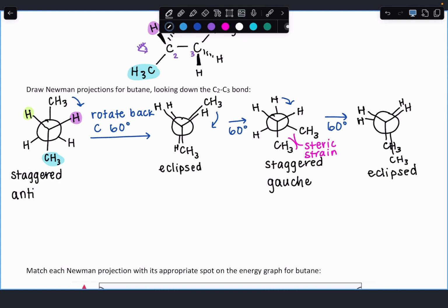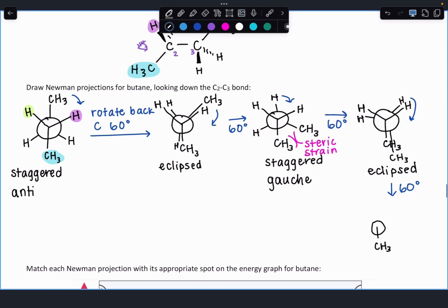But just to complete, we can draw two more Newman projections before we get back to the original staggered anti. So we can do another staggered gauche, where the back CH3 is down and to the left.